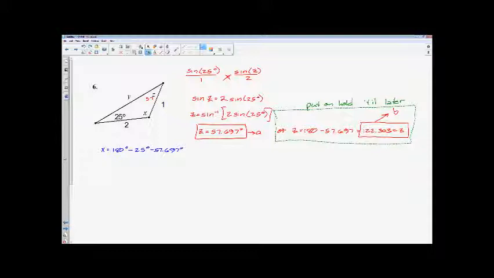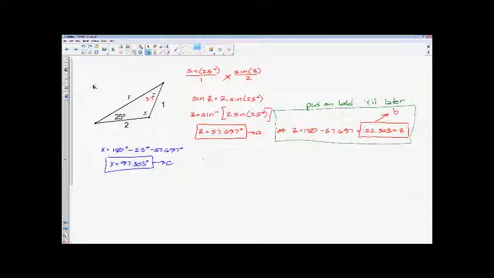I'm punching that in my calculator right now, and I get 97.303. And so there's my answer for x. I will store that in my calculator. For c, since I've already used a and b, I'll store that for c.